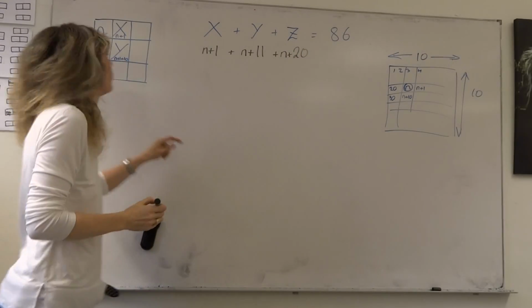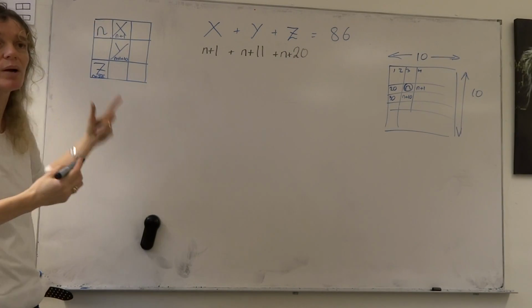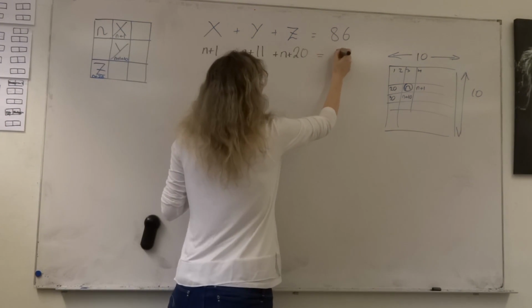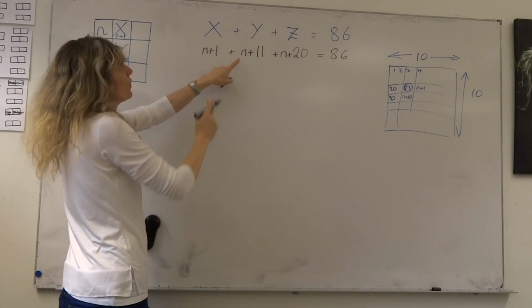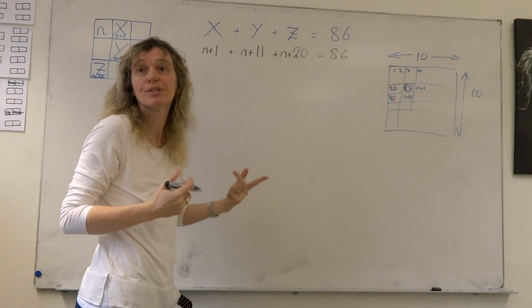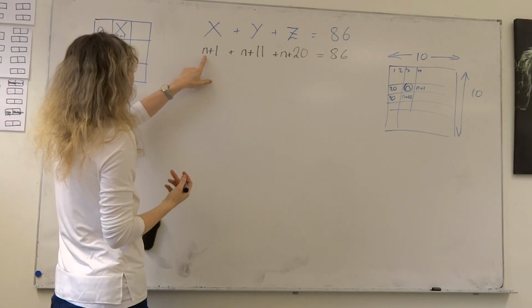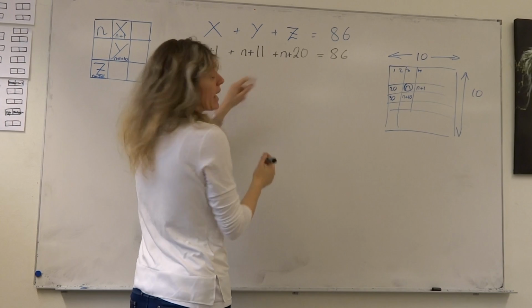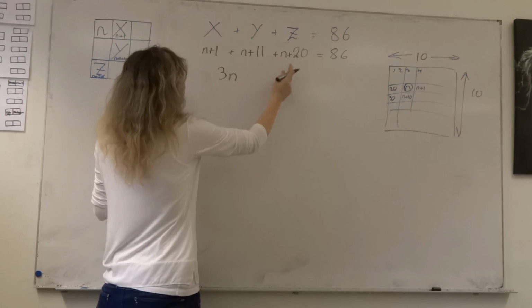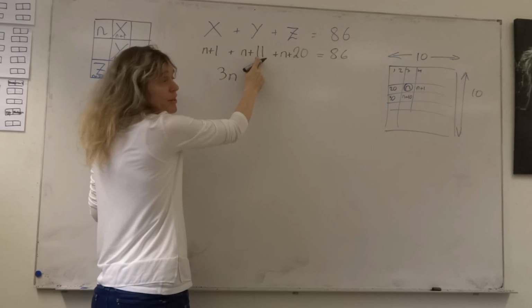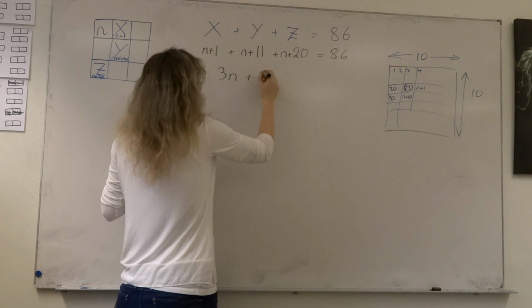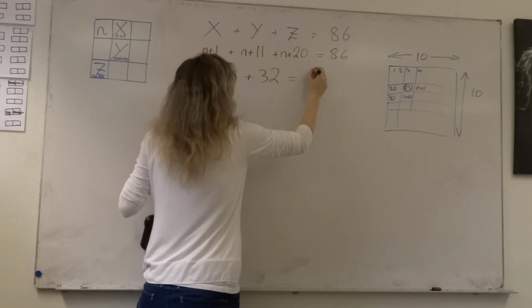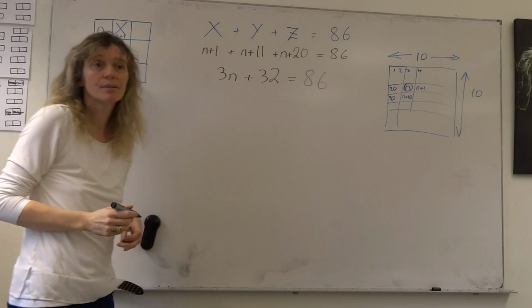So the question is, what value does n have? Well, we can work it out now, because now we only have one unknown. We've only got n's and numbers, so now we can solve it. How many n's do we have? 1, 2, 3 n's. We have 3 lots of n, plus 20 plus 11, 31, plus 1, 32. 3n plus 32 equals 86.